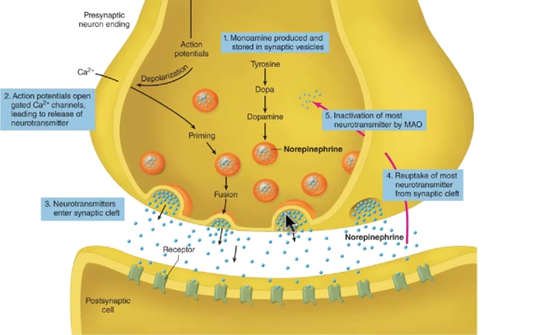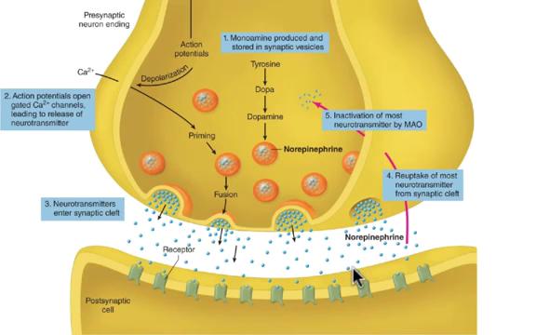At the end of the day, we're going to release norepinephrine as a neurotransmitter. Norepinephrine is going to sit on the receptor that is located on the cell membrane of the postsynaptic cell and carry on the effect. We have to take this norepinephrine away from this receptor. Otherwise, norepinephrine continues stimulating this postsynaptic cell.